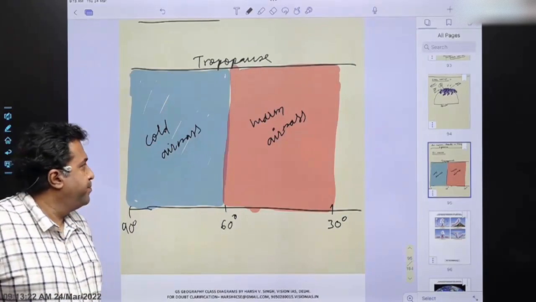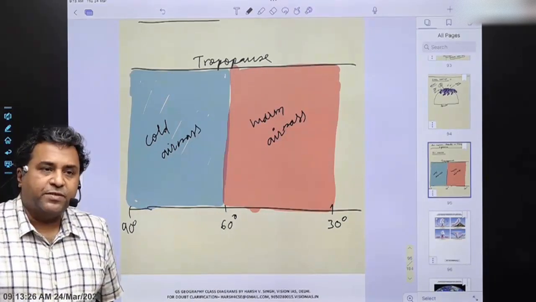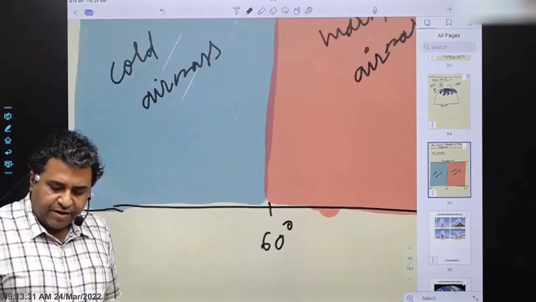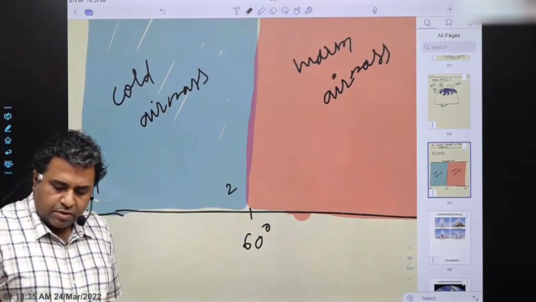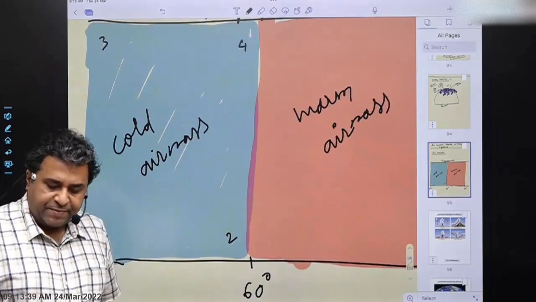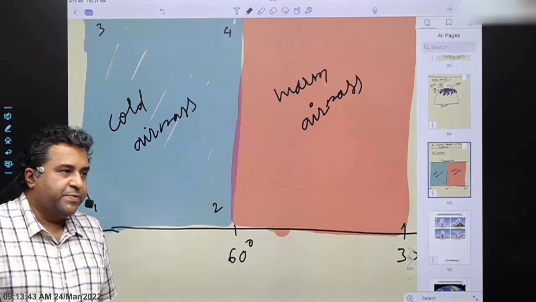Okay. Now in this air mass, how do we expect the temperature to behave? For example, if I give you different regions, region 1, 2, and let us say 3 and 4. What type of temperature should we expect at 1 and 2?